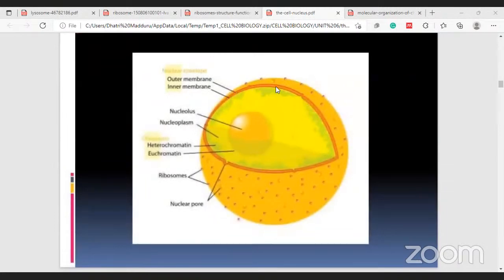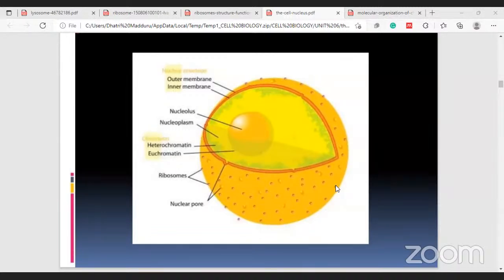Here we have the outer membrane and inner membrane, which together are called the nuclear envelope. Inside we have the nucleolus, which is surrounded by nucleoplasm. And here you have heterochromatin and euchromatin, the two types of chromatin.